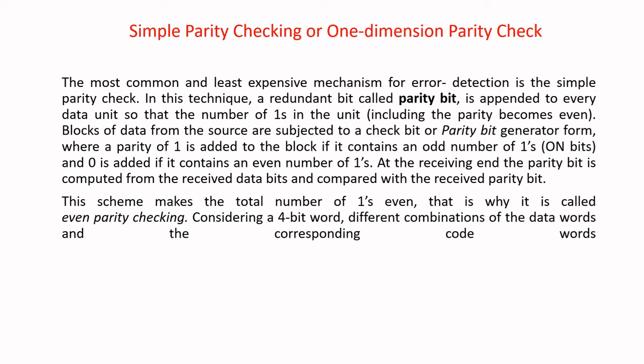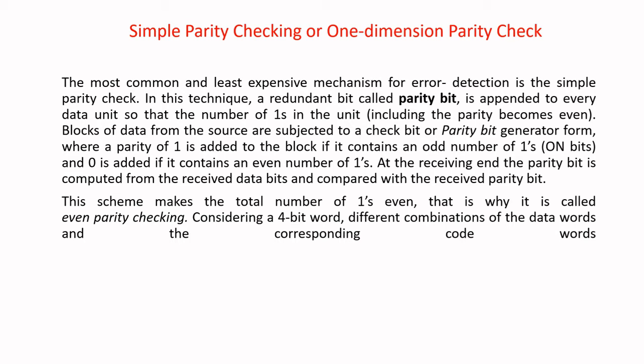In this technique, a redundant bit, I have already told you some extra bits, called the parity bit, is appended to every data unit so that the number of ones in the data unit, including this parity bit, becomes even, because here we are talking about the even parity.